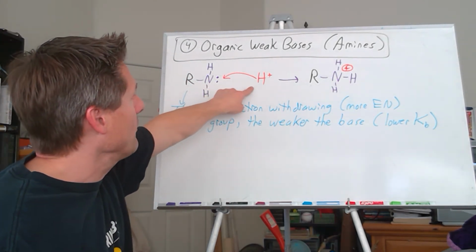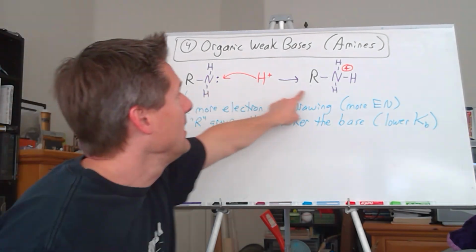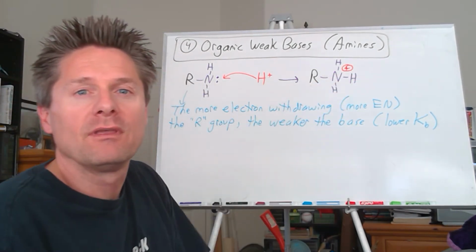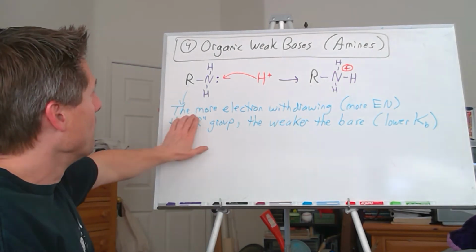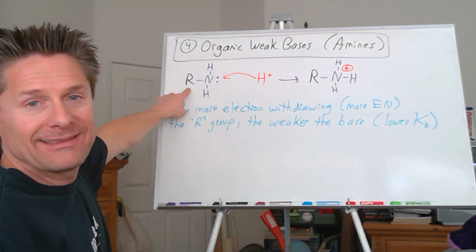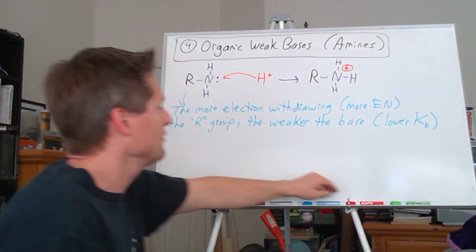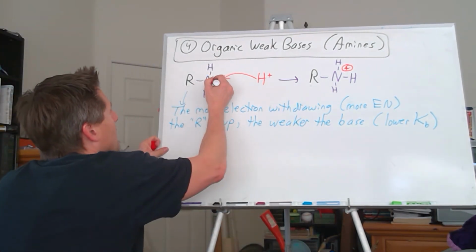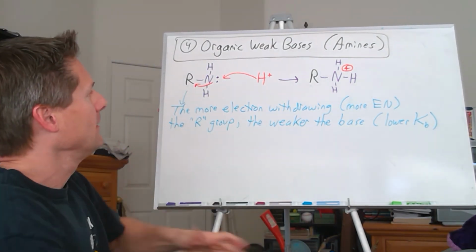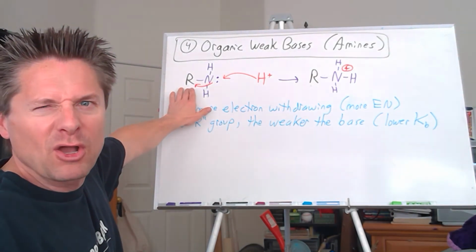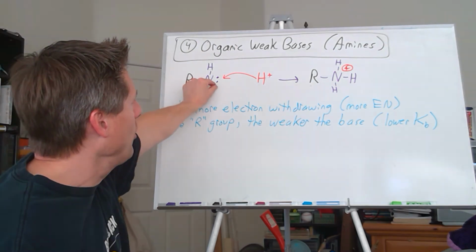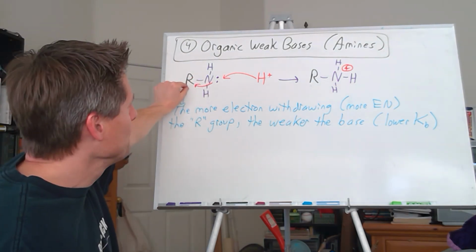And that lone pair is where the hydrogen ion comes in, connects, and forms that conjugate acid. Right? The more electron withdrawing this R group is, the more it pulls electrons away, so the more electronegative that group is, whatever's in there, maybe a chlorine atom or fluorine atom, it's pulling electron density away from that, right?